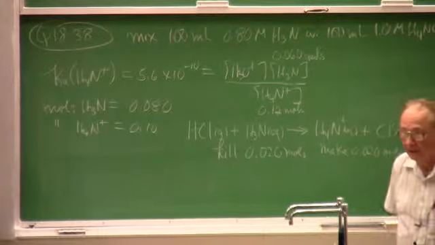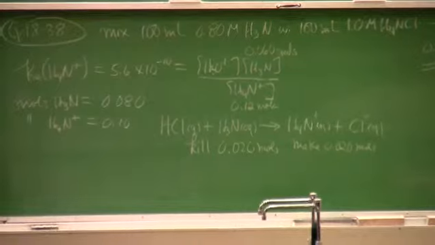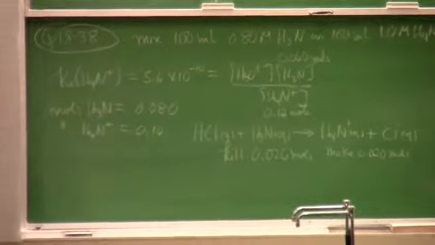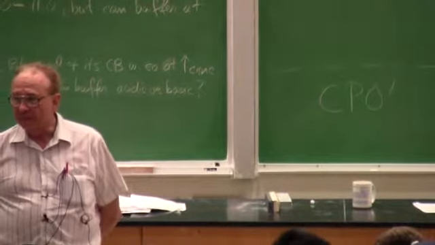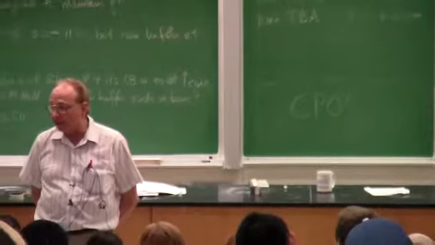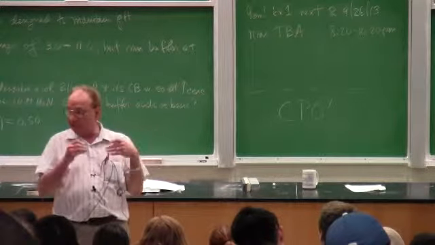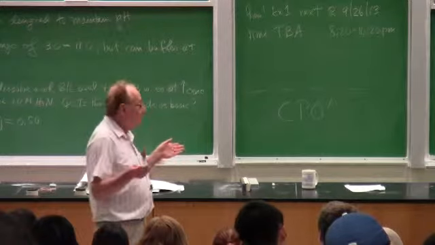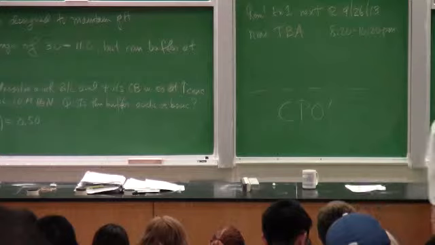So I'm not going to do that. I'm going to let this thing talk to me. I'm going to let it tell me what it means. That's what you have to do. Don't do unnecessary arithmetic. In certain cases, you may have to convert to concentration, but not this time, because dividing top and bottom by the same value was not going to change the mole ratio or the molar concentration ratio of ammonia to ammonium ion whatsoever.